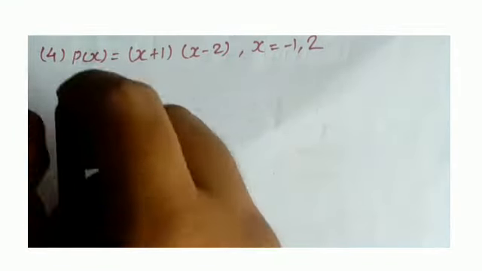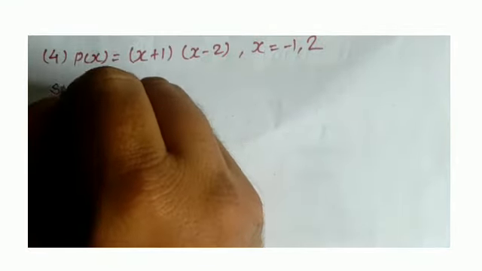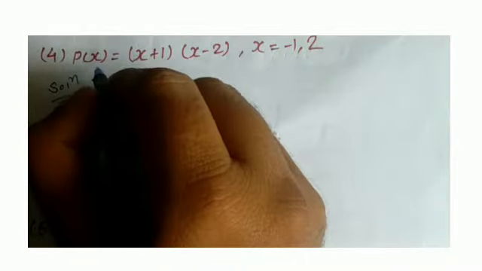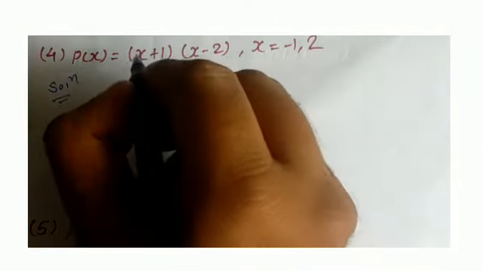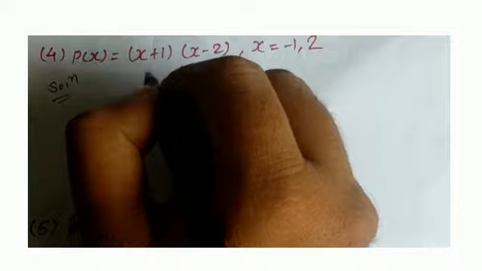Now fourth one, solution. P of x is equal to x plus 1 times x minus 2. Before you solve this, you must expand and factorize.